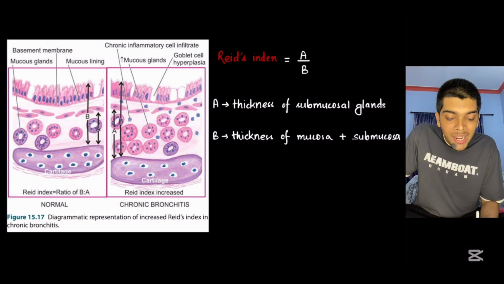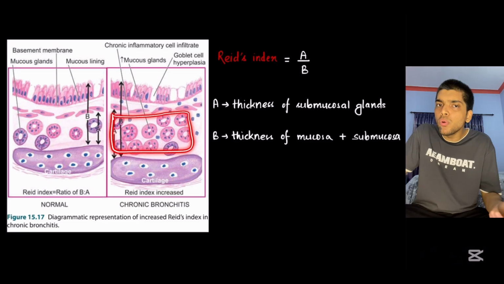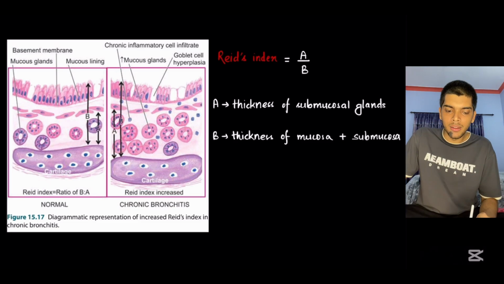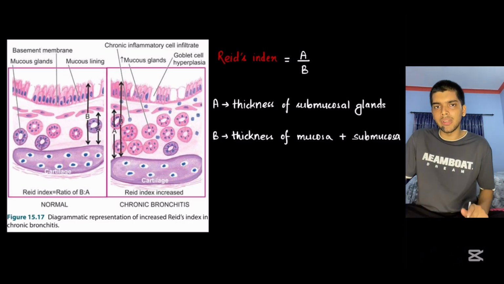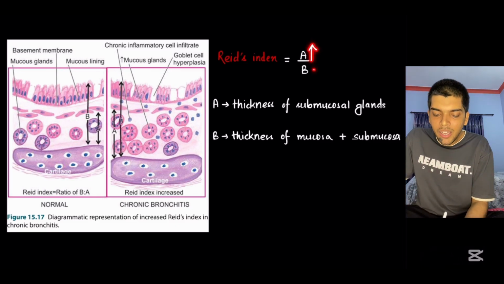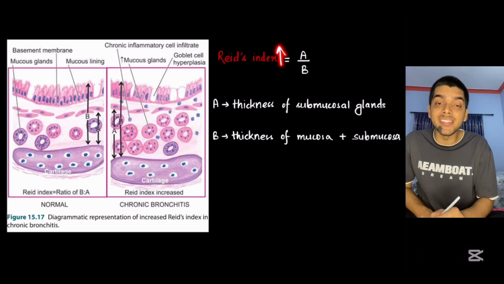When there is chronic bronchitis, there is hyperplasia and hypertrophy of the submucosal gland. So there is increase in the thickness of the submucosal gland, but then the overall thickness remains almost the same. What I mean is there is increase in numerator, but the denominator remains almost the same. That means there is increase in Reid's index.